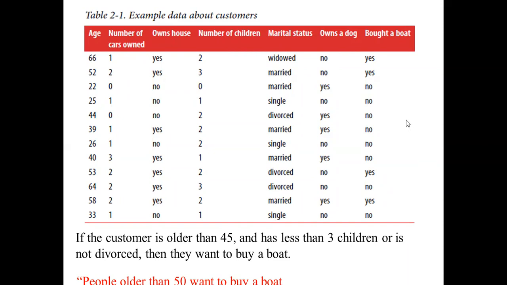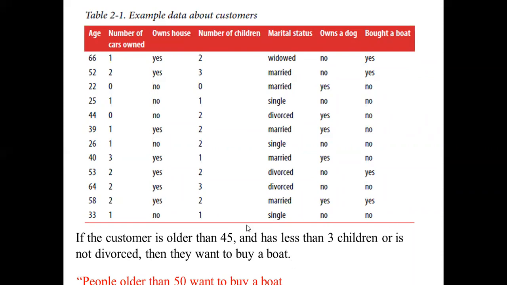When I wanted to study this, initially I come up with the rule: if the customer is older than 45, I want to see who has bought a boat. What is the rule? If the customer is older than 45 and has less than 3 children, or is not divorced, then they want to buy a boat.